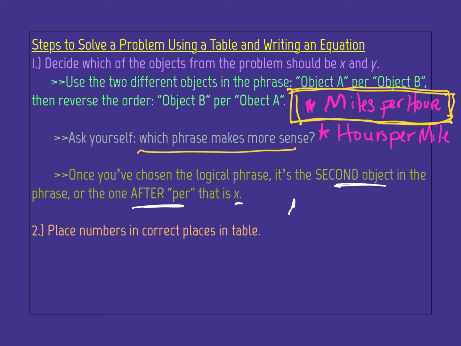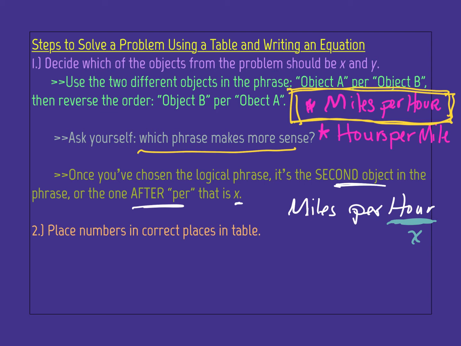So when I look at the phrase miles per hour, the thing that comes after the word per is hour. So hour is represented by the variable X, or sometimes I'm given a different variable.